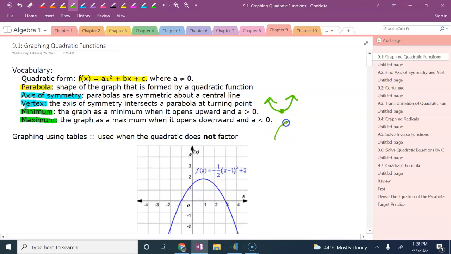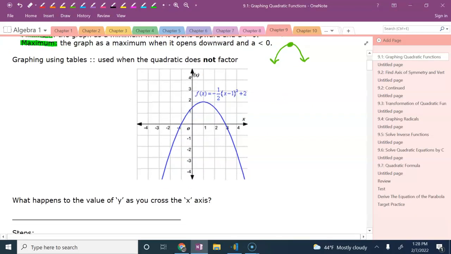If you have a maximum, it flips that graph upside down, and the point at the very top would be your vertex, the highest point on that graph, which is why we call it a maximum. So just a couple of things to take note of as we start seeing these different types of parabolas.